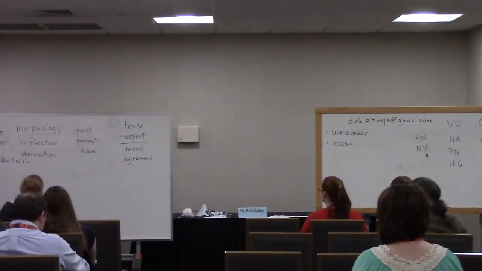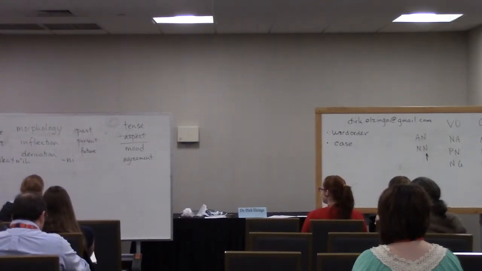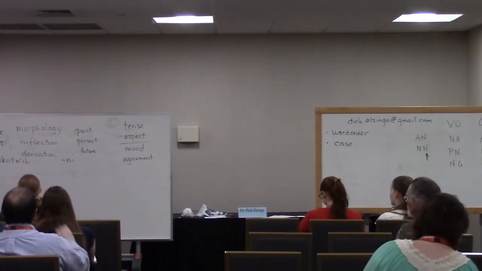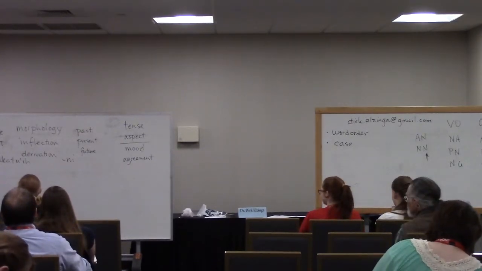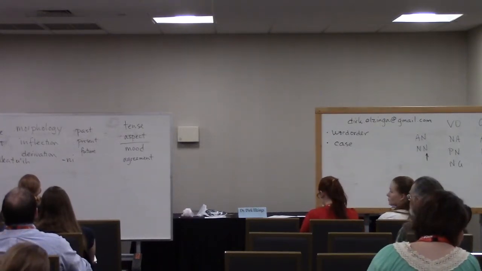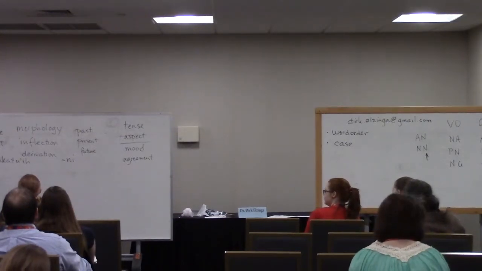They have an ending on the verb, and that ending is ni. It means basically future tense, or something that might have happened but we don't know, or something that definitely didn't happen but could have. So future tense is all mixed up with this conditional, contrary to fact stuff. Why? Because we just don't know about the future. So tense becomes a really interesting thing when you think about it that way.